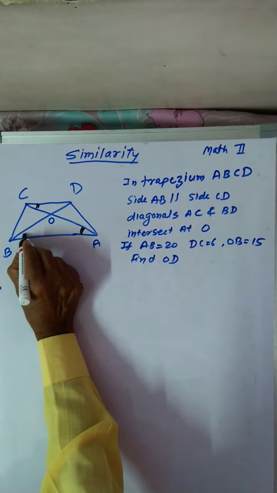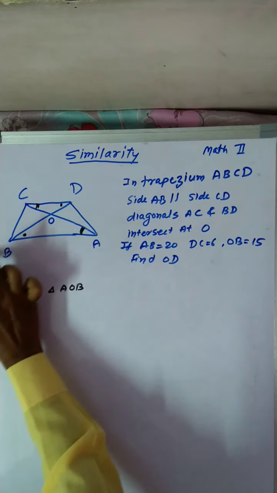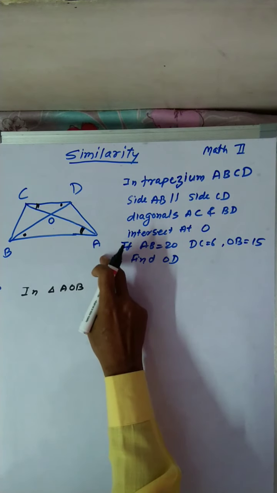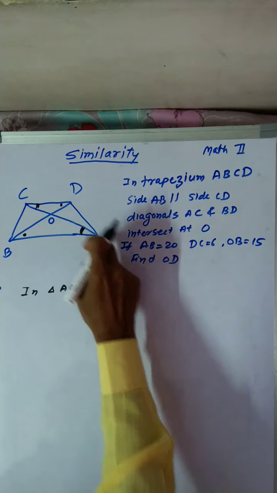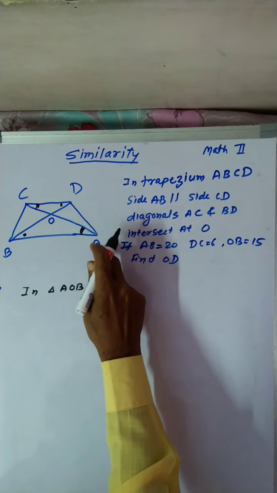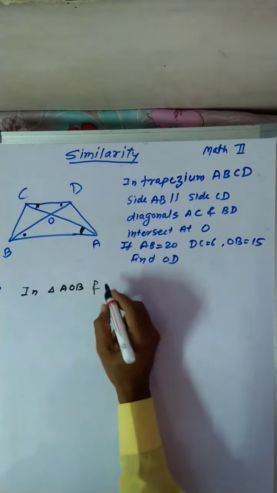Similarly, angle B and angle D are also equal because these are also alternate angles. Therefore the name of the triangle is by one-to-one correspondence AOB, and the equal angles COD.